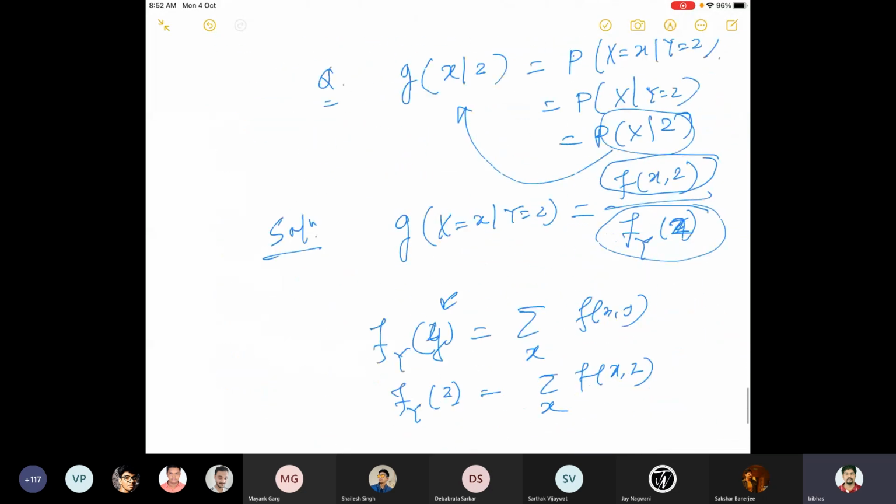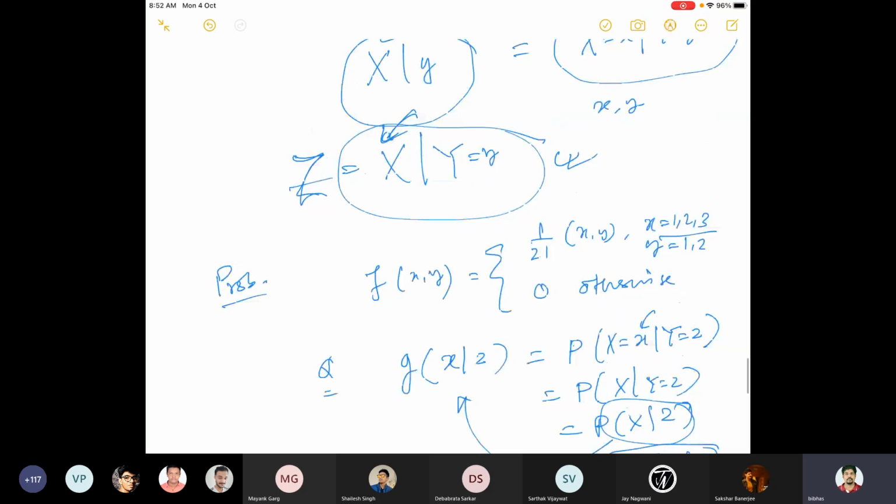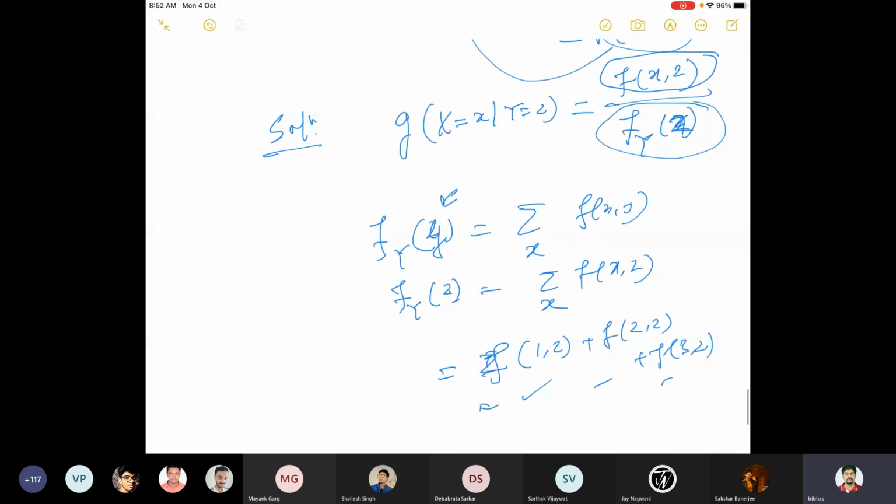So this will be nothing but f of 1,2 plus f of 2,2 plus f of 3,2. So I need to plug these values here because I know these values from here. Then I know the denominator, and similarly I know the numerator, and that's it. So then I can find the values.